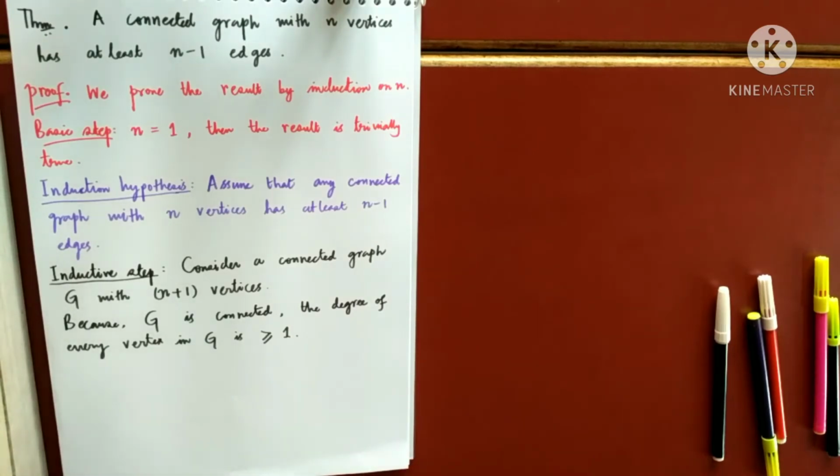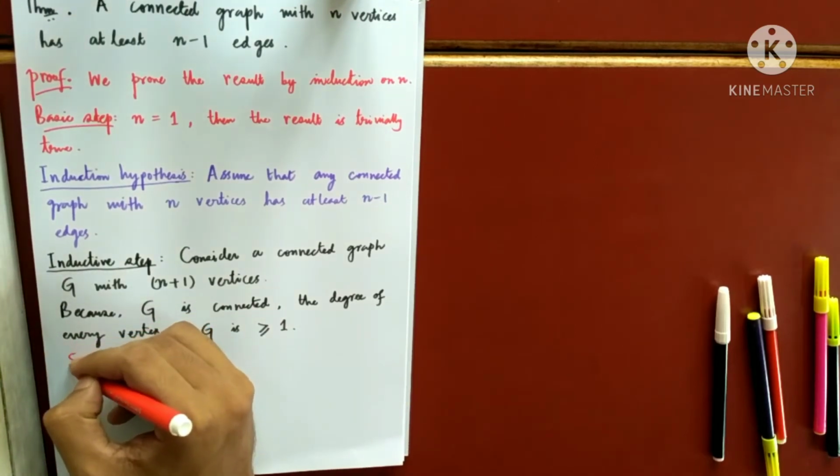Again, I'll repeat, I will do the proof in two cases. Firstly, suppose all the vertices in G have a degree at least 2. We'll do the proof in that case, and then in the next case we will do the proof for some vertex having degree equal to 1. Then what will happen? So let me do the proof.